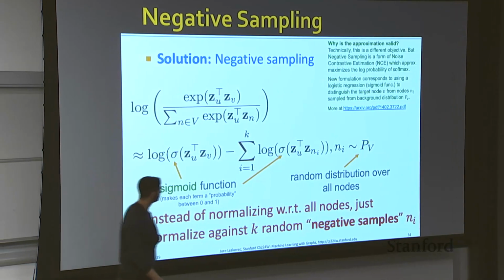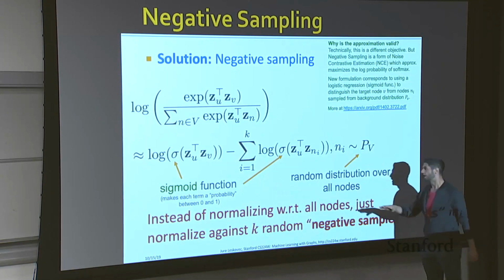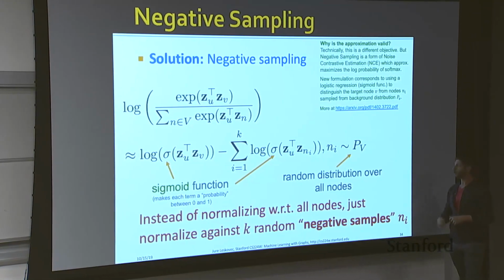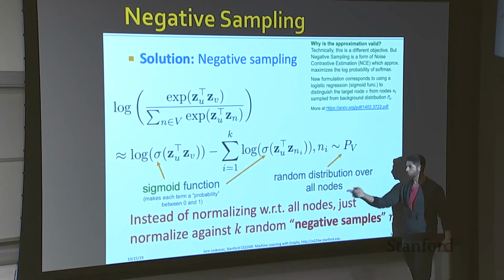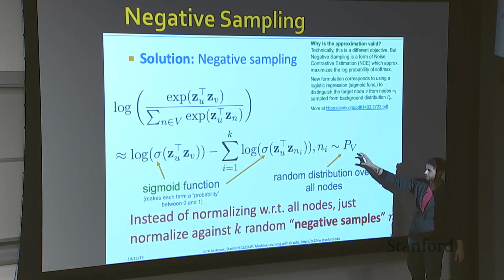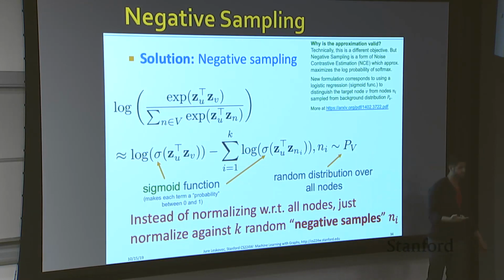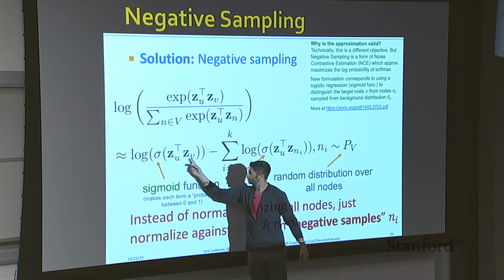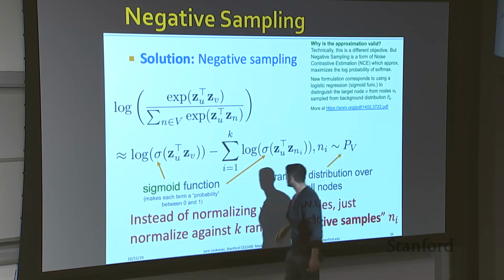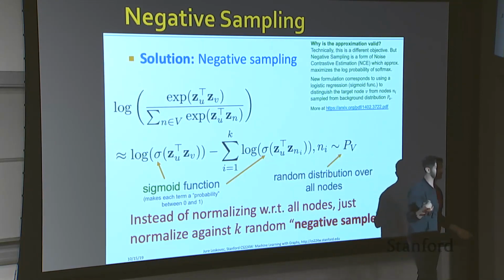So the concept of negative sampling is the following: rather than trying to compute this similarity among all the nodes, we use a random distribution over all the nodes, and then we take a small sample of them, okay? And we're going to call this our negative sample. So what we're going to be doing is using two nodes that we consider to be similar, and then computing the similarity between random nodes in the graph, okay?